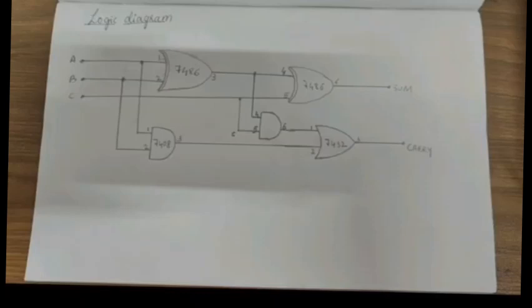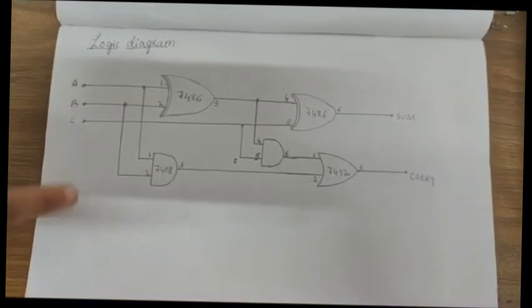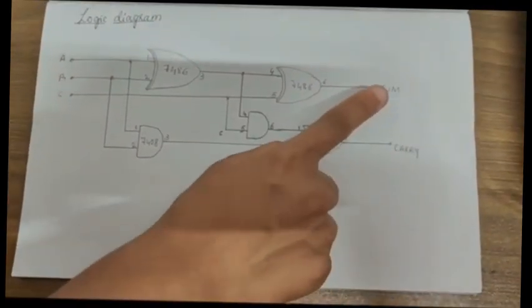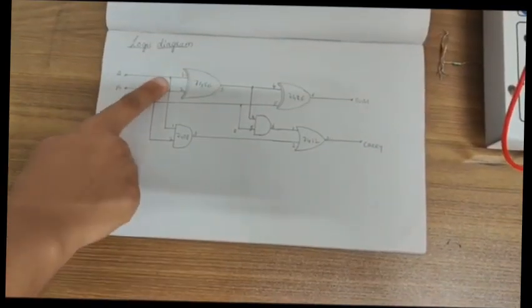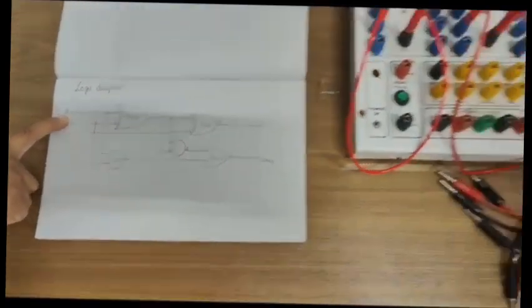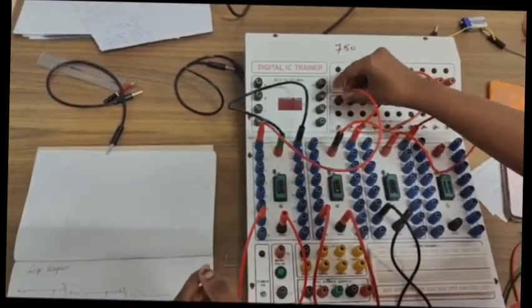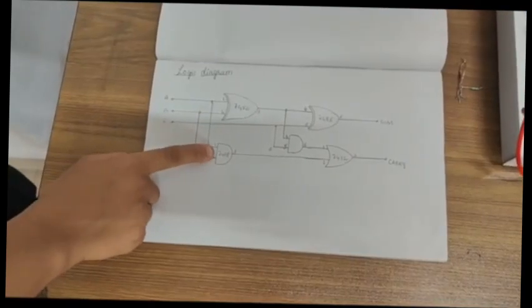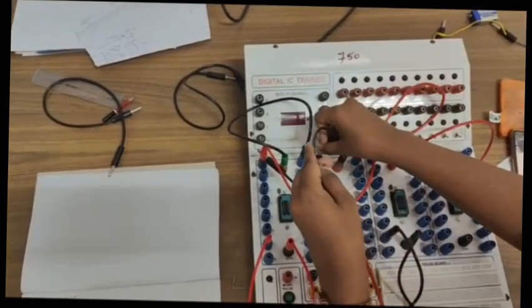This is the circuit diagram for the full adder. We have 3 inputs, that is A, B and C, and 2 outputs, that is sum and carry. Pin 1 is connected to input A. Again, pin 1 is connected to AND gate input 1.